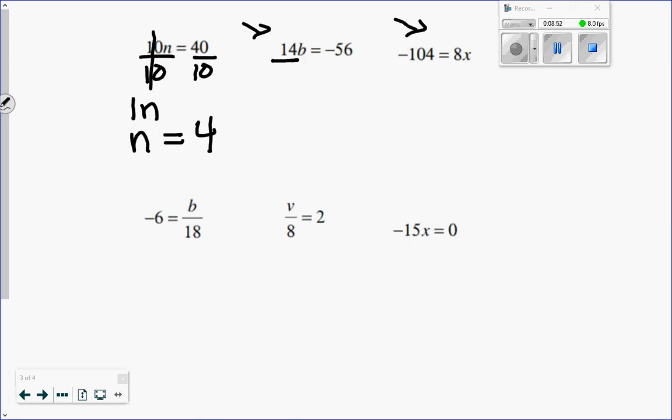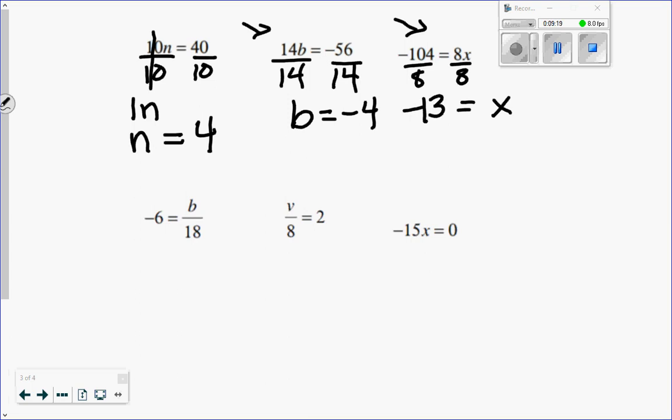If we divide by 14, we'll get b equals negative 4. If we divide by 8 on both sides, we'll get negative 13.